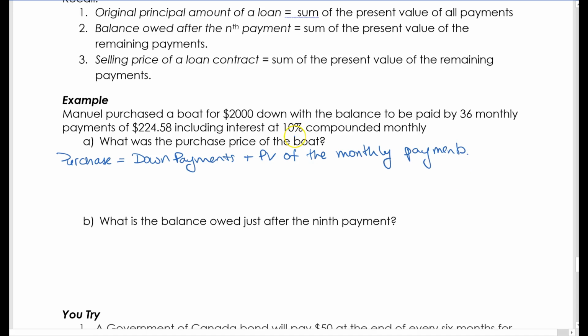To find the present value of the monthly payments, we're paying 36 payments, so N is 36. The payment amount is $224.58.